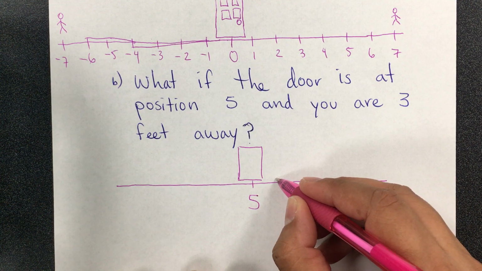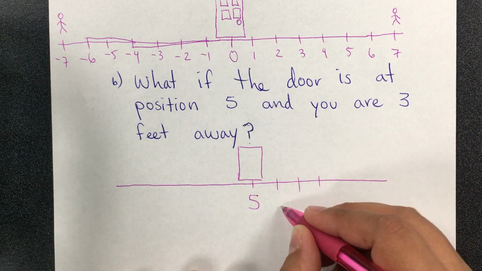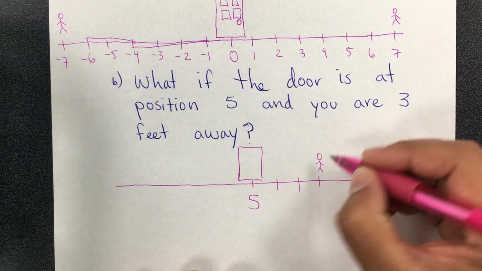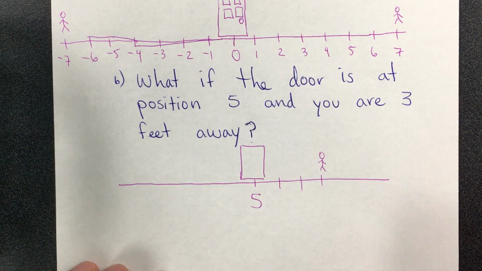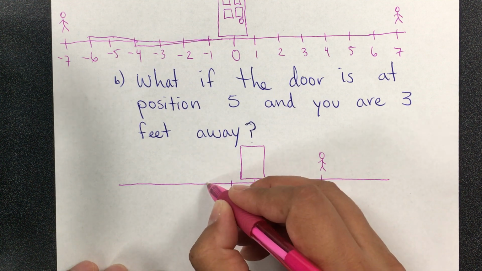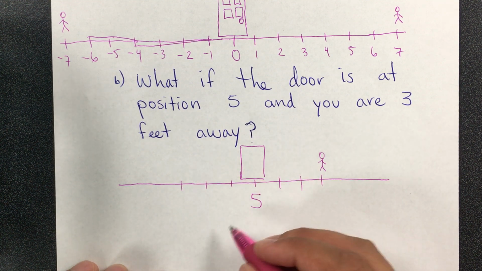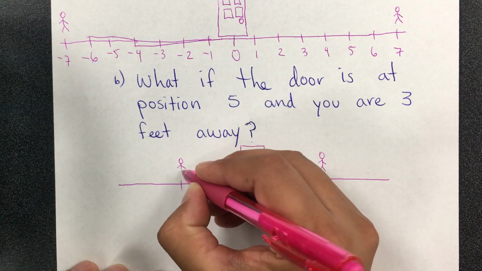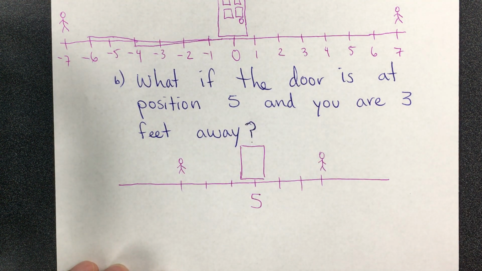And if you're 3 feet away, that means that you would be right here, but from what we did in the previous one, it could be possible that you would be on the other side, 1, 2, 3 feet away. So what numbers would those be?